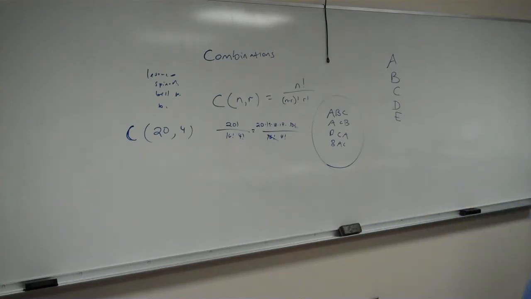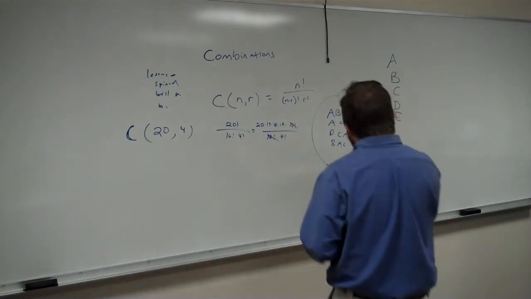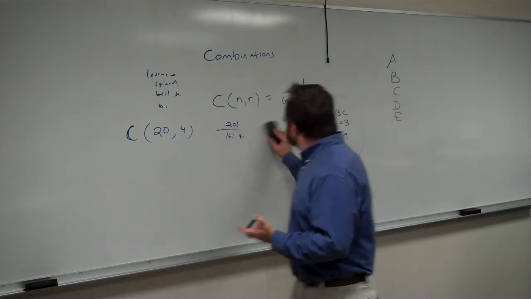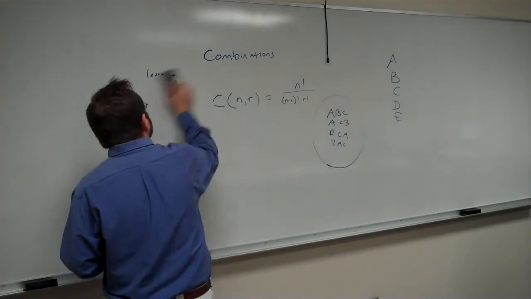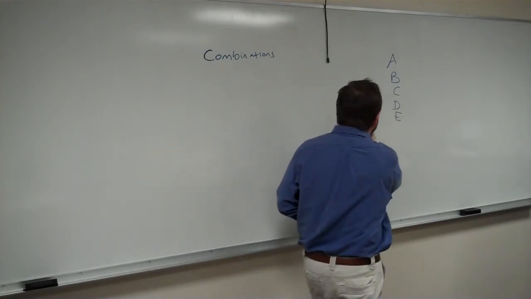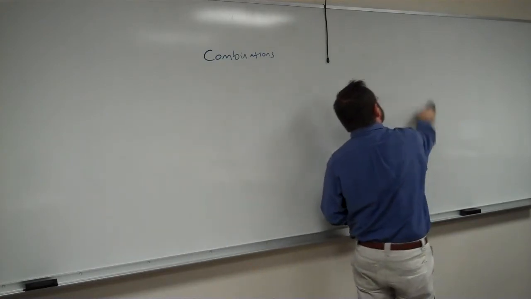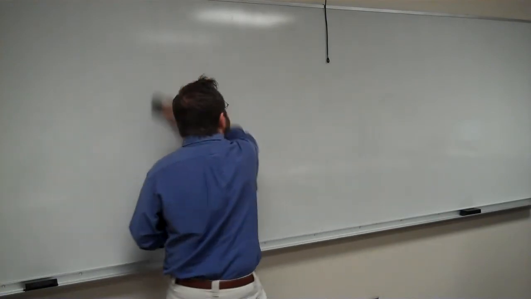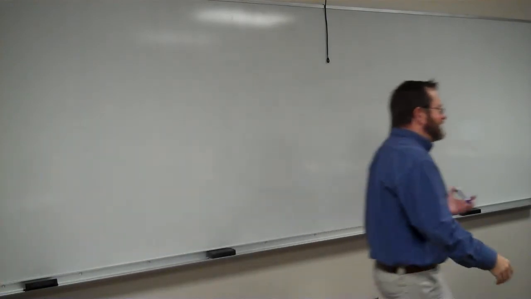All right. Once you have these two ideas separated in your mind, then you can just solve problems with them. Because remember, the whole point was that we were using these to count things that were too hard to just make a list of. It's not that it's impossible to make a list of all combinations of 4 sandwich toppings from the list of 20.